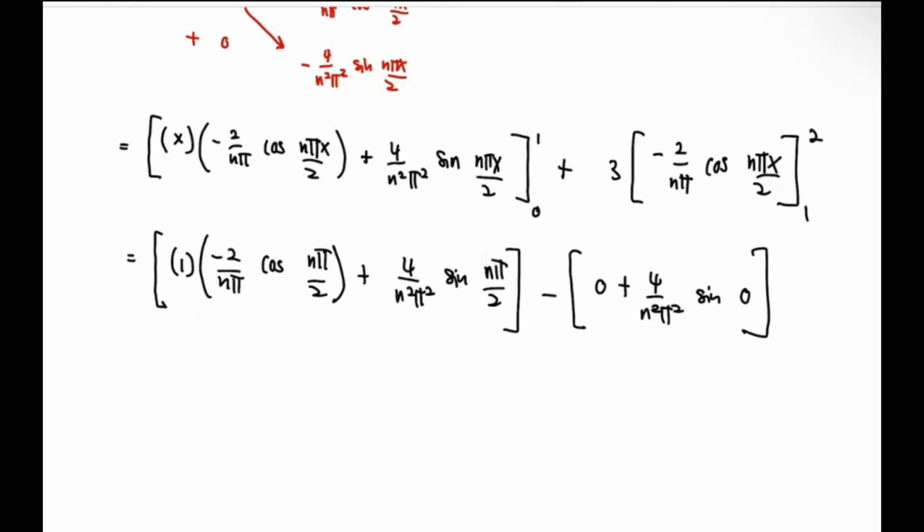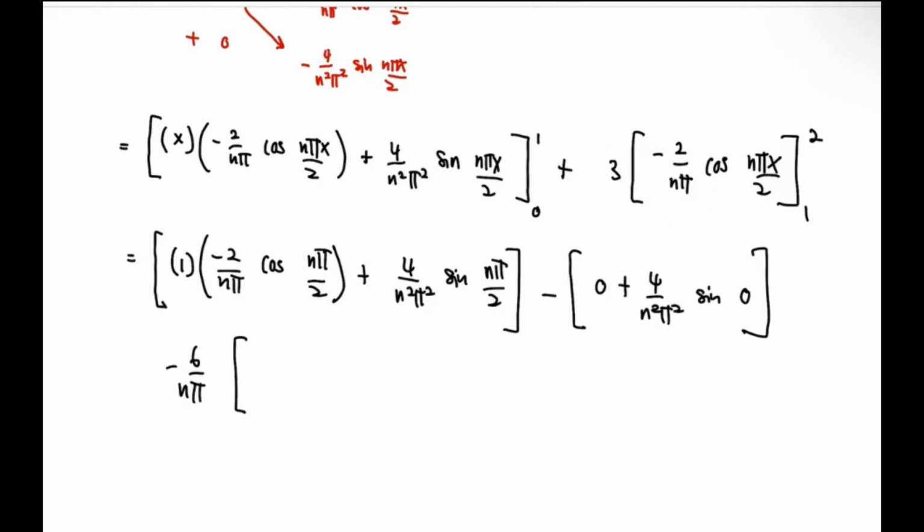Next, for another integration, because this is a constant, I can put the constant outside. So let's erase back. Negative 6 over n pi.